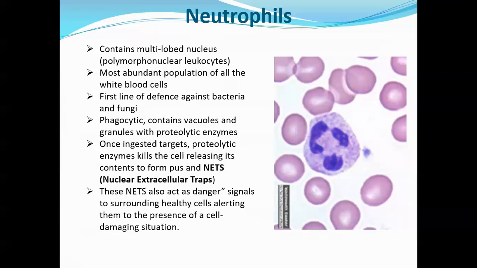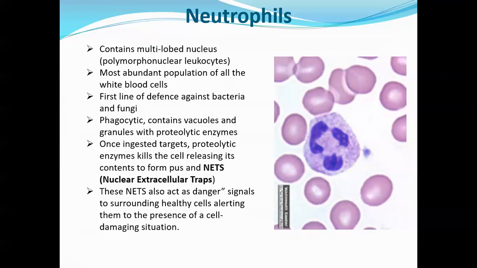But not only that, these intracellular contents of the neutrophil then act as DAMPs, or damage-associated molecular patterns, because the DNA and RNA of the neutrophils can then be picked up by PRRs on surrounding cells and activate them to undergo an inflammatory response.